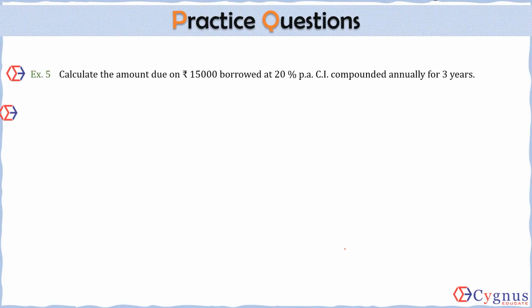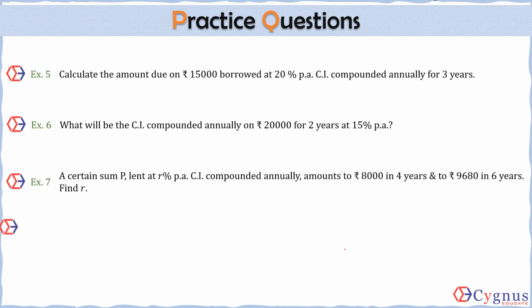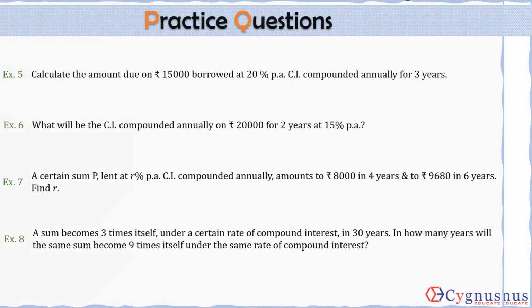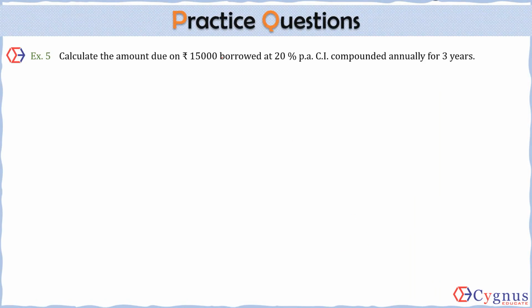Now let's look at a few questions here. What's given here? Calculate the amount due on 15,000. So this becomes your principal. At the rate of, so this is R and this is n. What do you want to find? The amount of compound interest. You're looking for the amount. So what's the formula of amount?